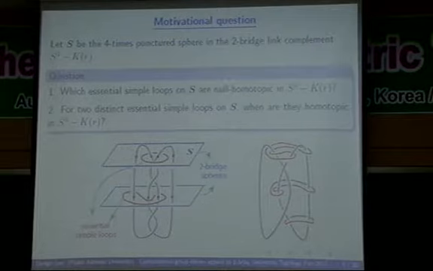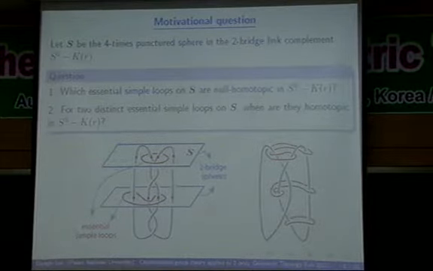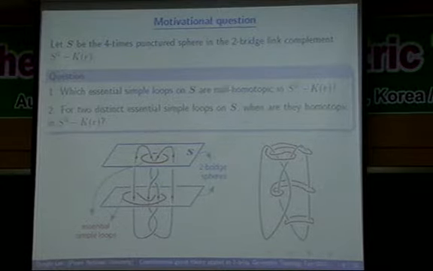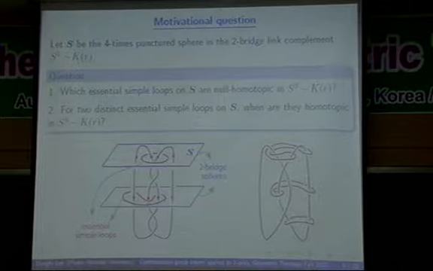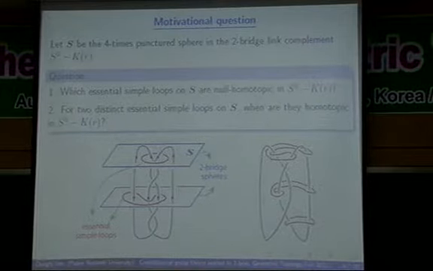Here we actually see that this essential simple loop is homotopic to this loop, and also this loop is homotopic to this trivial loop. So this is not homotopic in this two-bridge link complement. And if you think of the fundamental group of this link complement, question 1 is kind of a word problem, and question 2 is kind of a conjugacy problem.